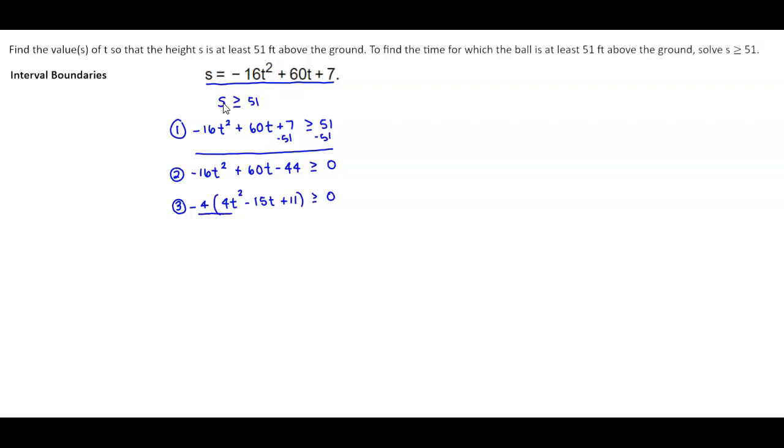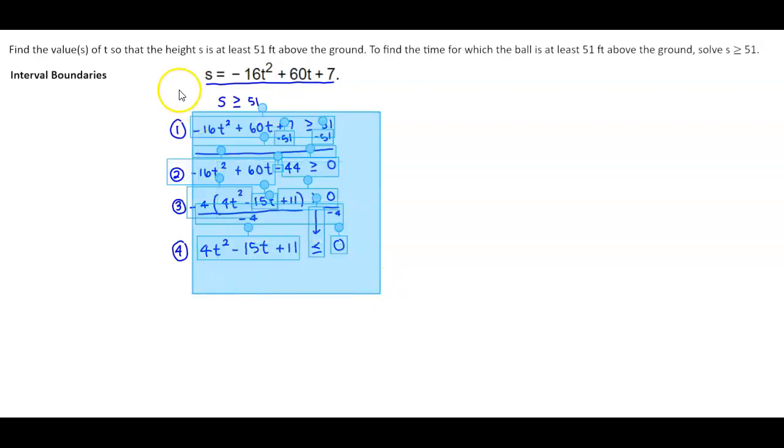Now we're going to divide both sides by negative 4. When we divide by negative 4, we immediately need to flip the inequality. So now we end up with 4t squared minus 15t plus 11 less than or equal to 0.